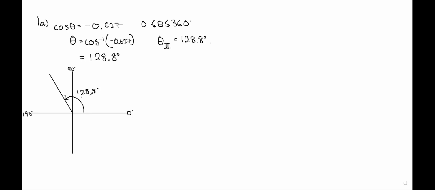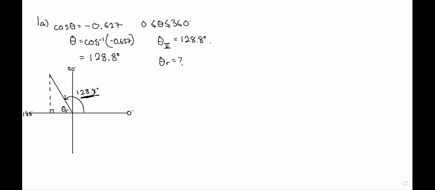If you have an angle of 128.8, what is my reference angle? So create your imaginary triangle. What is the reference angle that can be transferred over to all four quadrants? Yeah, right? So Nathan's got it.